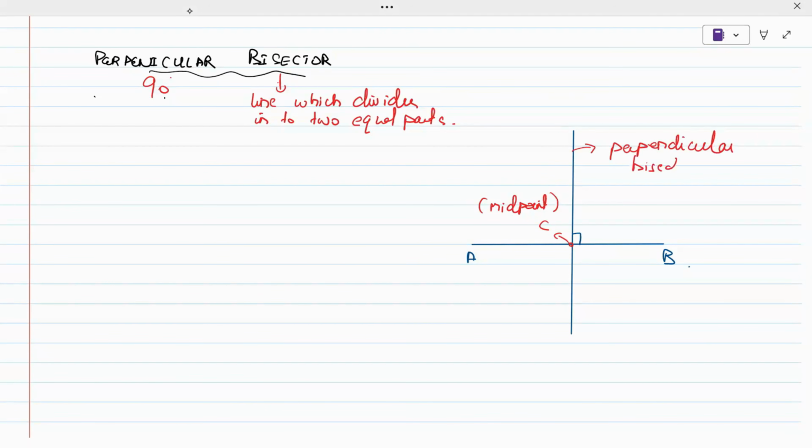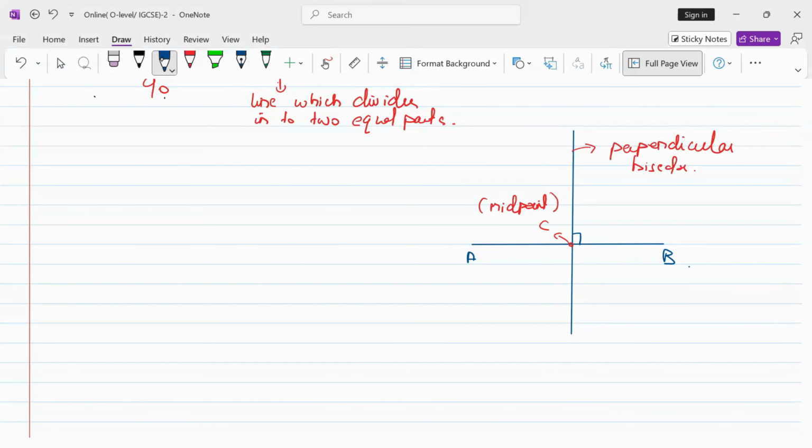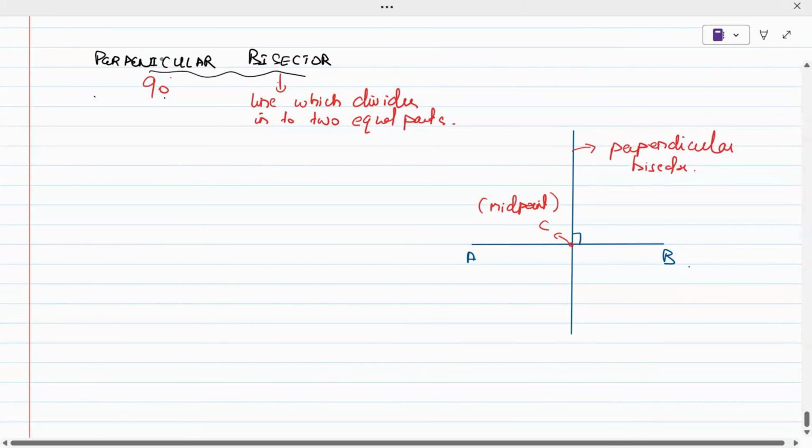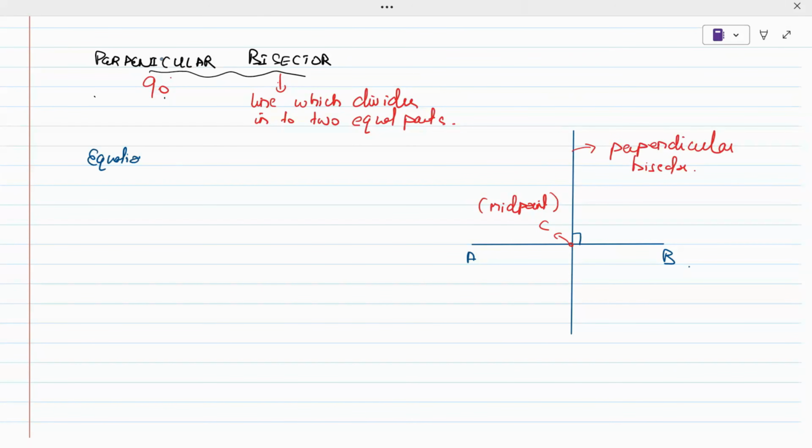So whenever we have to find the equation of a perpendicular bisector, we have to be focused on two things.